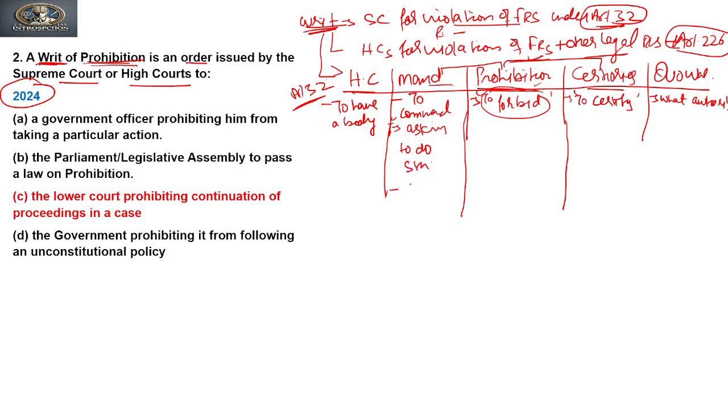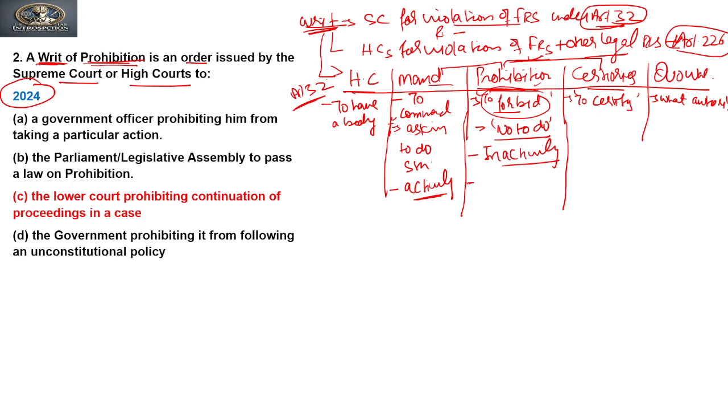It means it is asking for activity, right? Whereas prohibition is to forbid. It is asking not to do. So in the real sense, we can say this is asking for inactivity. It is stopping someone from doing something, but mandamus is asking someone to do something.